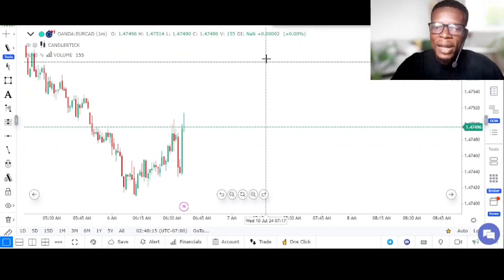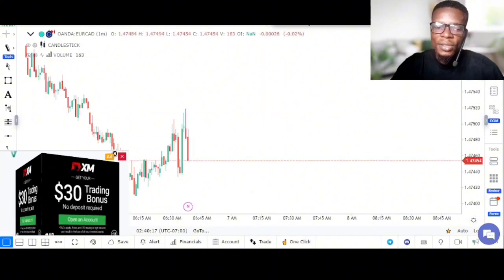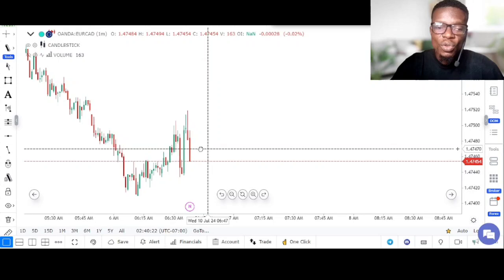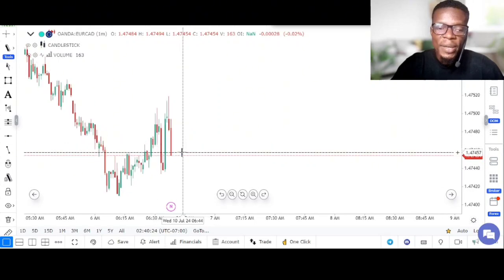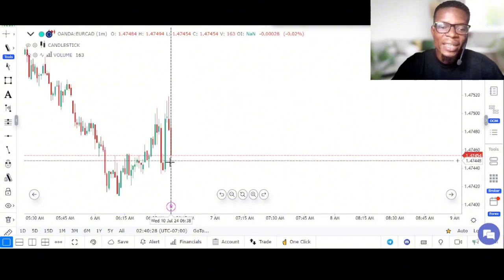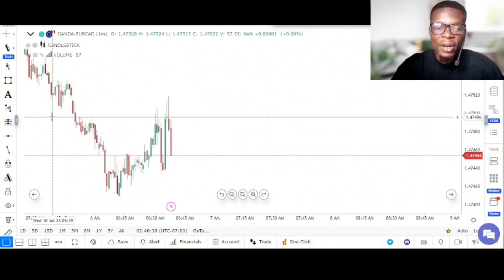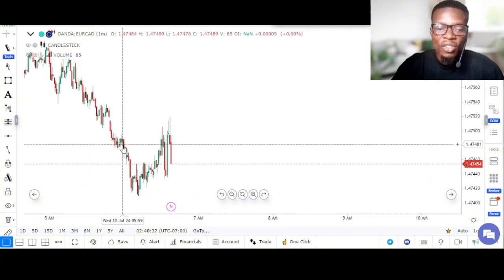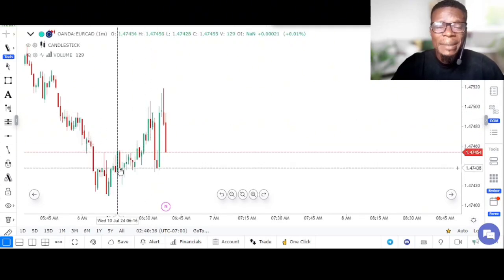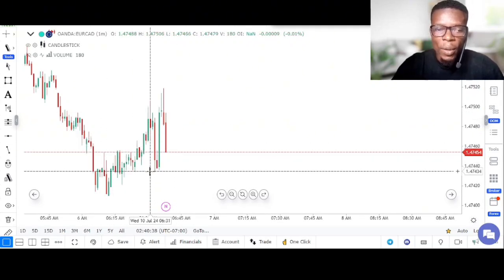So when you have identified the proper retracement, the only way to know if we are having a proper retracement is when you start to have some kind of higher highs and higher lows. When you're having an overall downtrend, you want to be having some higher highs and some higher lows on the minor trend, like what we're having over here.